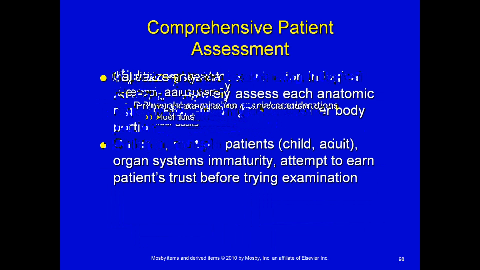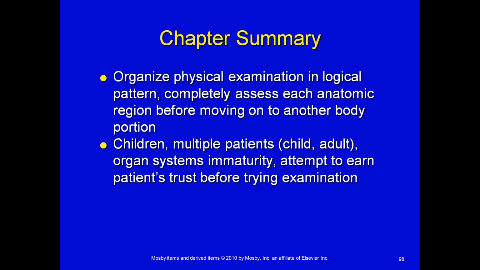And when we're dealing with children, when we're dealing with multiple patients, remember that their organ systems are immature. And that's going to lead to a variety of assessment difficulties. We'll talk more as we get into each individual system. When we talk about airway, we'll go over the differences in the anatomy and physiology of the pediatric airway compared to the adult airway.